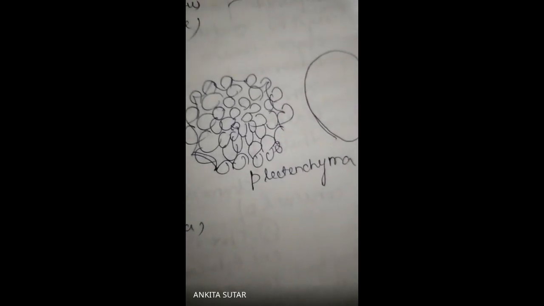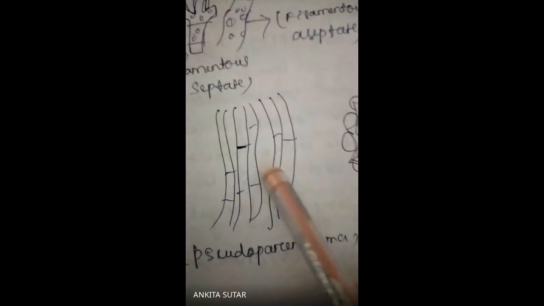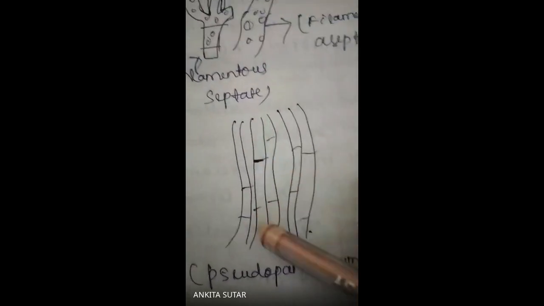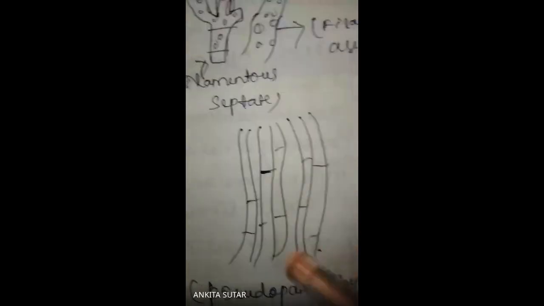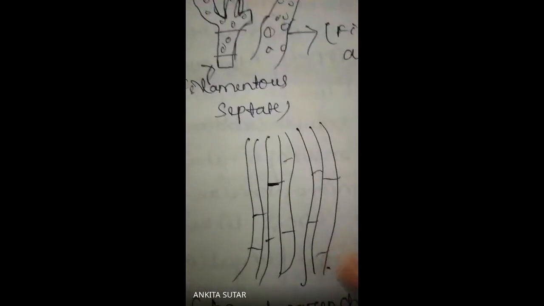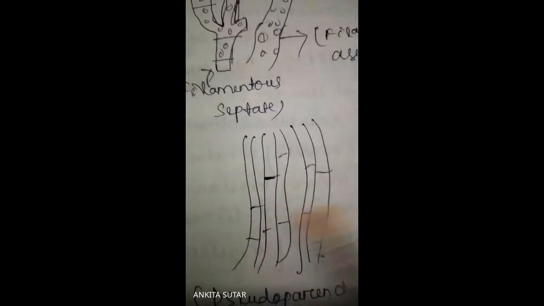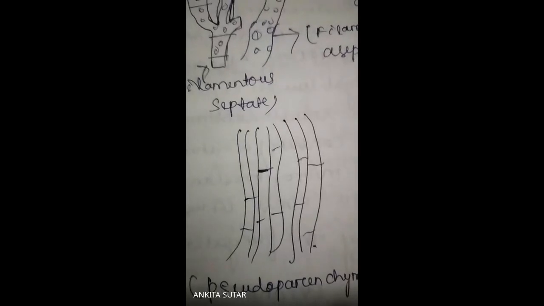But here you can say that if this hypha is present parallel to another hypha, you can see this hypha is present parallel to this other hypha, then in that condition we can call it prosenchyma. But if they lie side by side, then we can call these pseudoparenchyma.